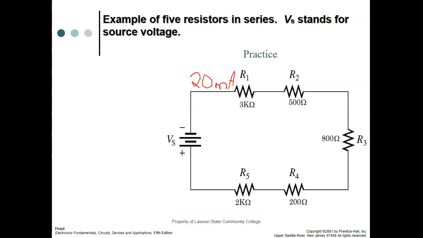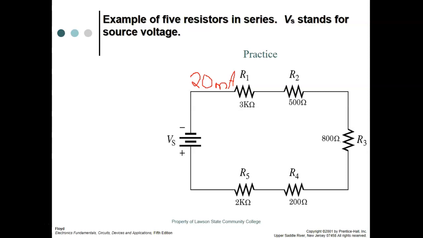That's going to give me 5 kilo ohms. Then I have 800, 200, and 500. That's going to give me 1.5 kilo ohms. So my resistance total should be 6.5 kilo ohms. Correct? Correct. Everybody follow what I did?